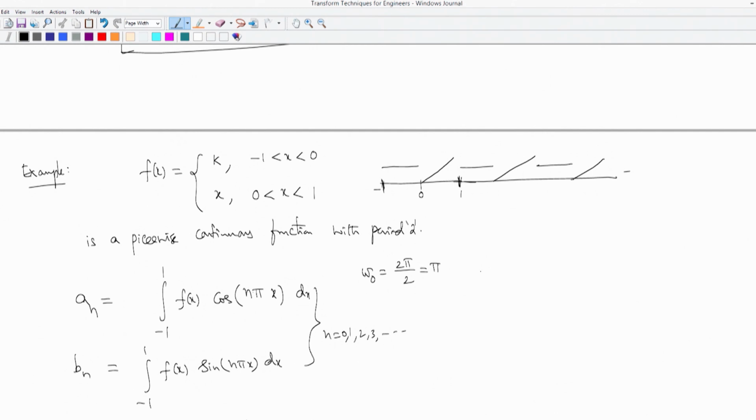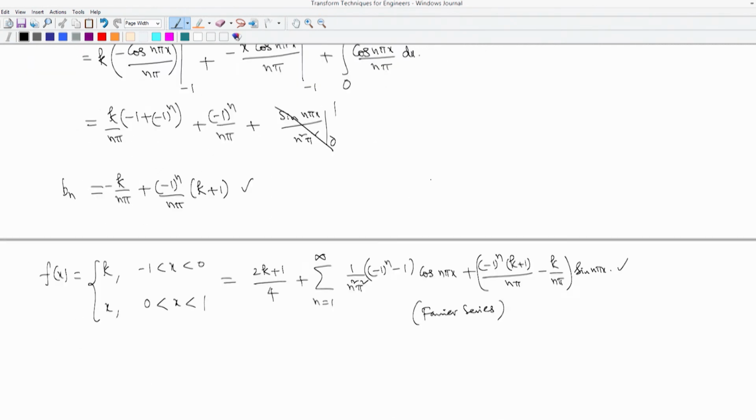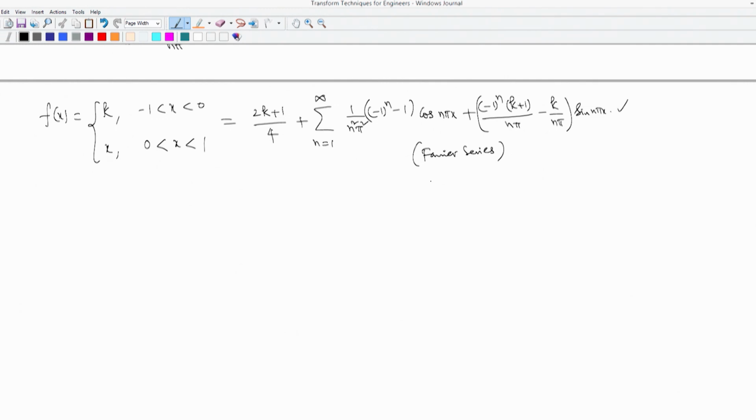As you see, the fundamental frequency here is simply pi. So, n pi are the fundamental frequencies, different frequencies. So, you have a discrete signal.